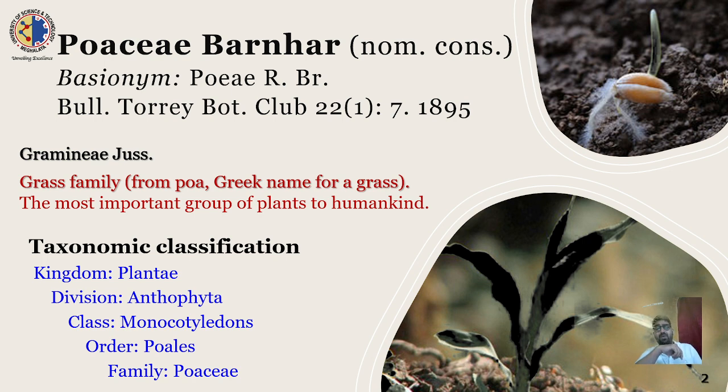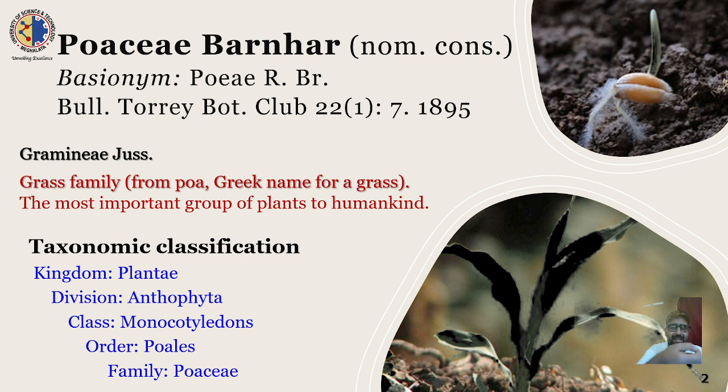But here you are finding that Poaceae and Graminaceae, both names are correct. So why does this group have two names? There is an exception in this ICN principle: there are 8 families and one subfamily which have two names.